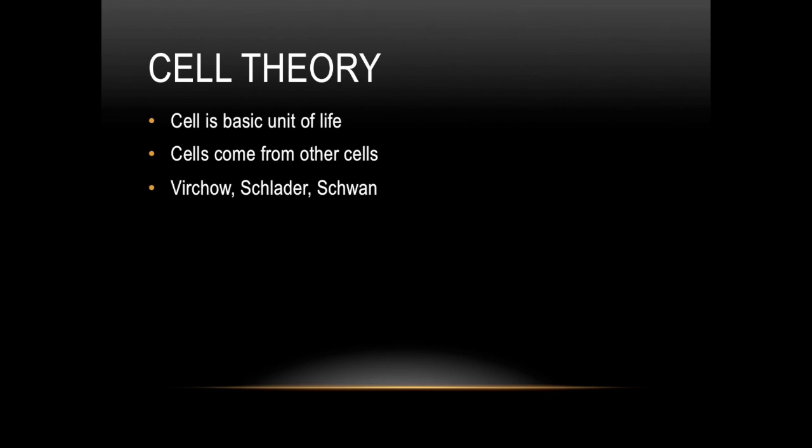But the one piece that's listed here is cell theory. We'll go back and revisit cell theory in another section in this book too. The big points about cell theory: the cell is the basic unit of all living things. That's one facet of the cell theory.